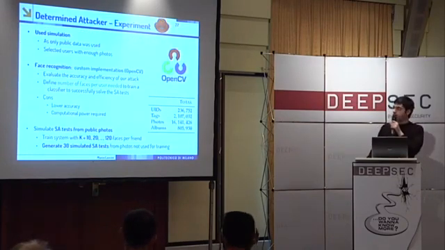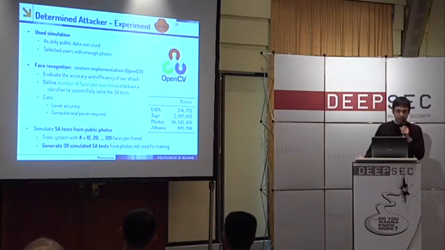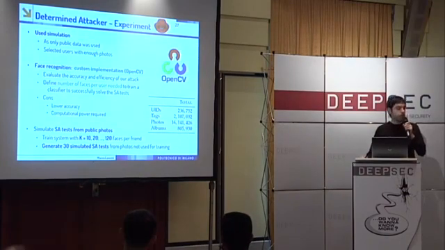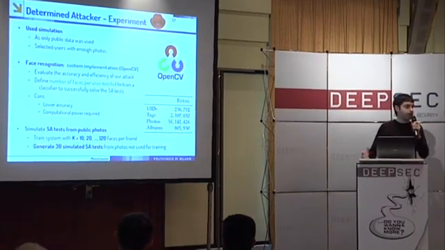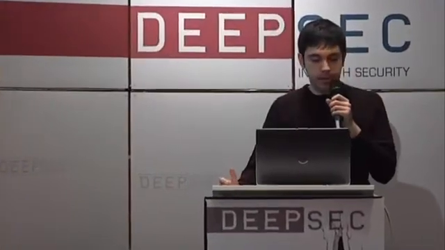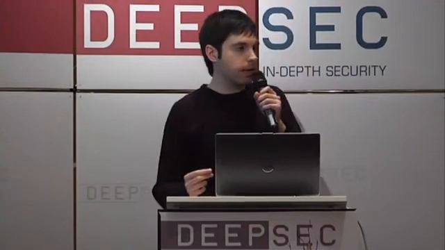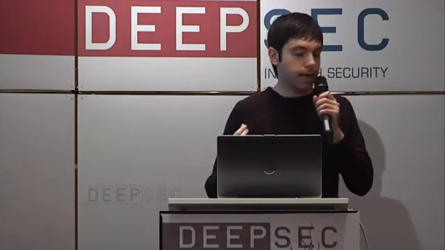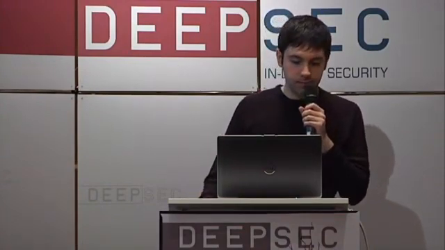So we also performed a second experiment in which we impersonated a determined attacker. We used a simulation, and for the face recognition module, this time we opted for a custom implementation based on the graphic library OpenCV, because we wanted to evaluate the accuracy of the system, and also to define the number of faces per user needed to successfully train our classifier so that it can successfully solve any test.